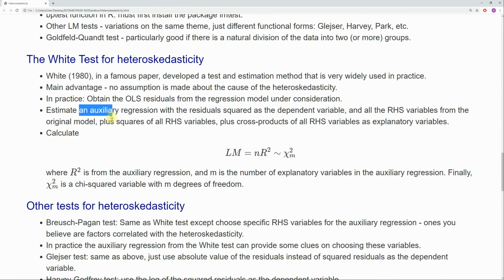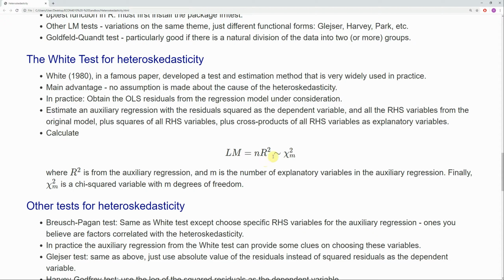And then estimate an auxiliary regression in which the residual squared is the dependent variable. So the left-hand side of that auxiliary regression is the residual squared, and the right-hand side variables of the original model are on the right-hand side, plus the squares of them, plus the cross products of them.